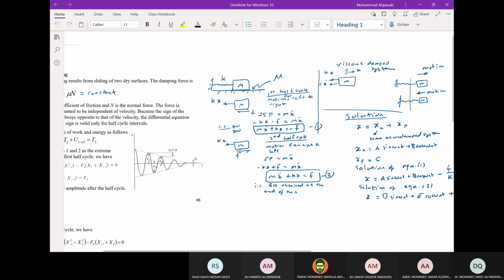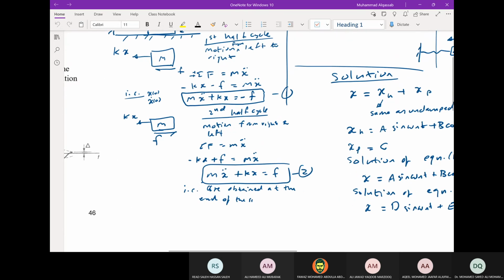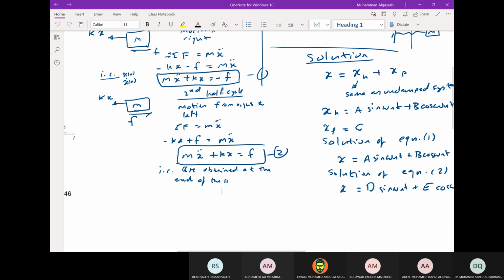Okay, so we were talking about the solution of equation number 1 and equation number 2. Those two differential equations are the equations of motion for the first half cycle and the second half cycle. For each differential equation, we need initial conditions. For the first half cycle, the initial condition is at t equal to 0.